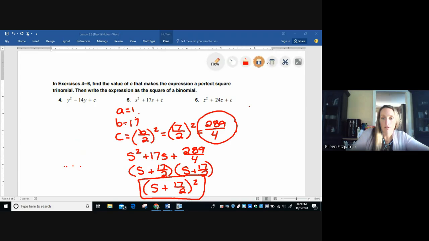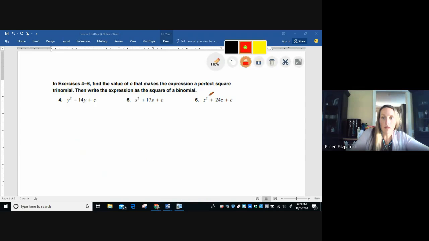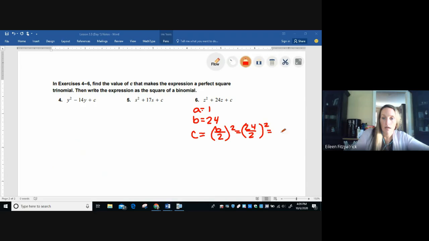All right, I'll just erase the whole thing. And this last one. So again, my A value is 1, my B value is 24, my C value I'm going to figure out by doing B divided by 2 squared. So I have 24 divided by 2 squared. That's going to give me 12 squared, which is going to give me 144.